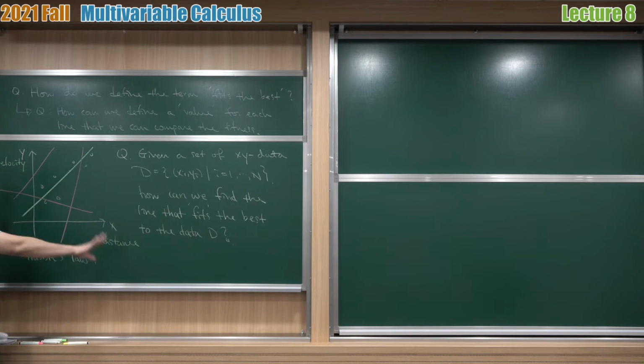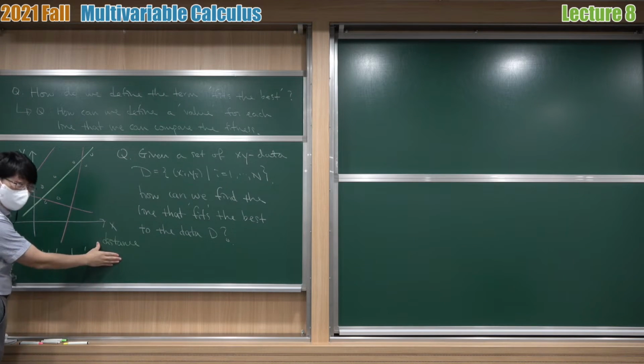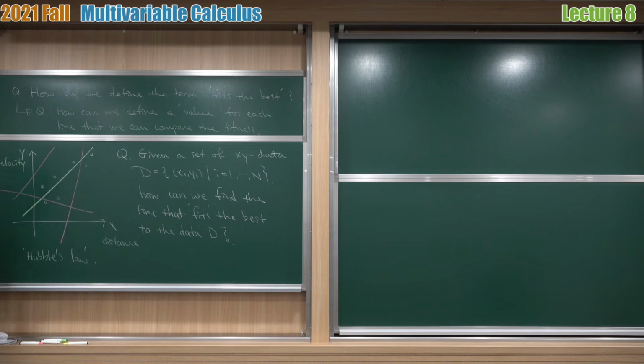So if you forget about all the universe law, just think about there is a situation that velocity is correlated to the distance, and these dots are measured by some method, right? So there is a strict rule, but the rule is coming from the observation.